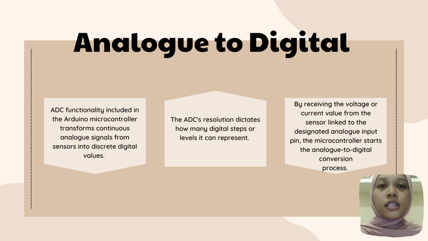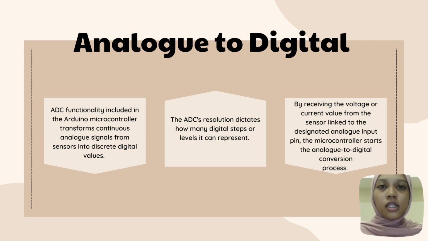For weather forecasting, firstly, the Arduino microcontroller's analog input pins are linked to the analog sensors used in forecasting, such as temperature, humidity, and pressure sensors. The output signals from these sensors frequently change in voltage or current according to the parameter being measured. For the purpose of comparing the sensor signals, the ADC needs a reference voltage.